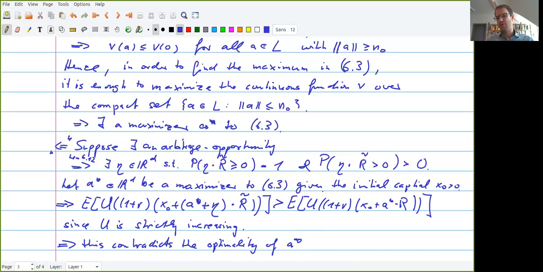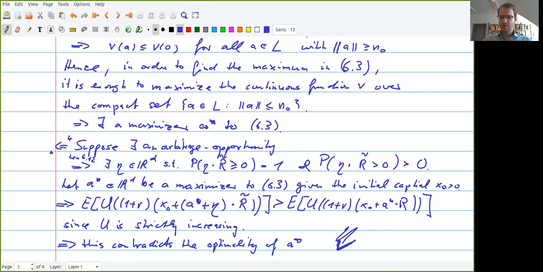Because, well, we found if we have an arbitrage opportunity, we can take any maximizer of our utility problem A star and add this arbitrage strategy to get some higher expected terminal utility.